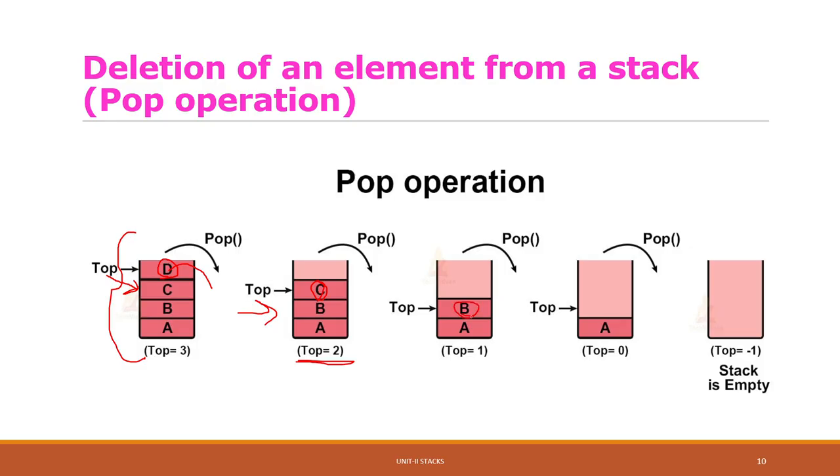I want to pop the element B. Now the top value will be 0 and only element A is present. If I pop an element, the top value will be -1 and the stack is empty. If I want to pop again, that is, delete again after the stack is empty, it will be considered as underflow. This is the concept of the pop operation.